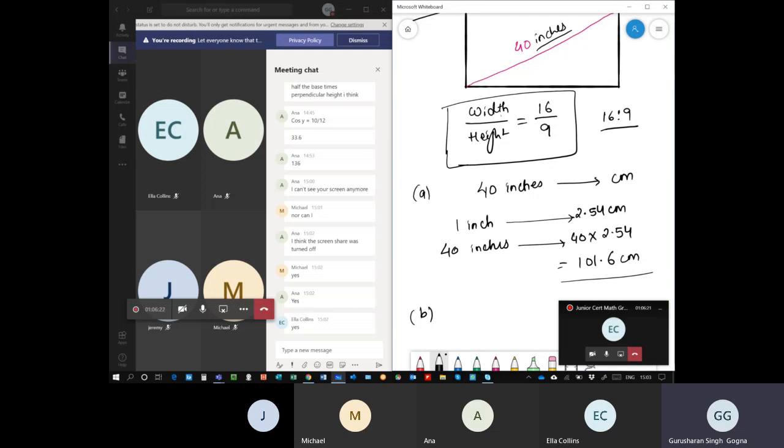Any guess? Yes, it's given, Anna, in the ratio 16:9, which means 16/9. Here, I'm writing here, but we don't want the answer in terms of ratio, we want actual width and height in centimeter. So how will you do that?